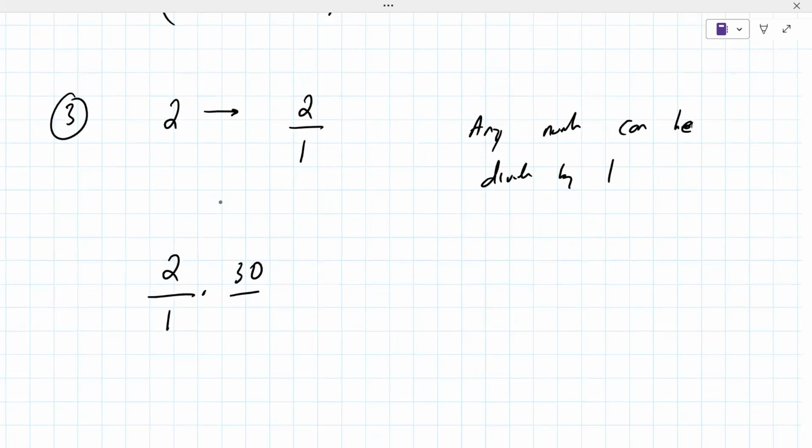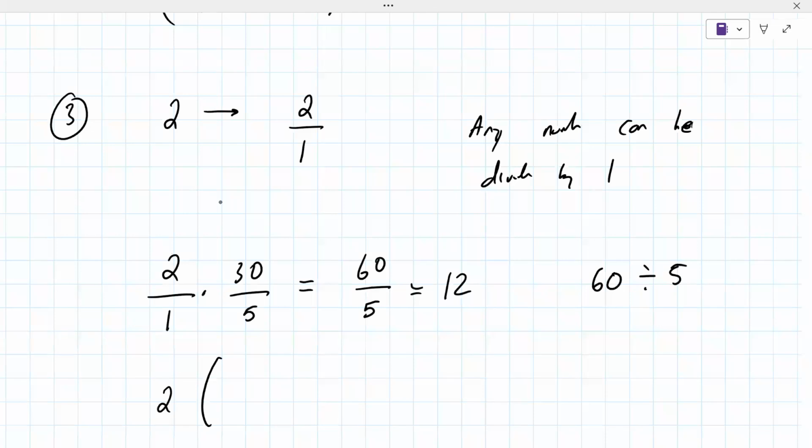Now you have the option to pre-reduce. You can do this, that's fine, but then you're literally saying 60 divided by 5, which is 12.